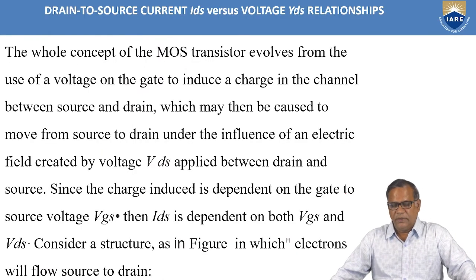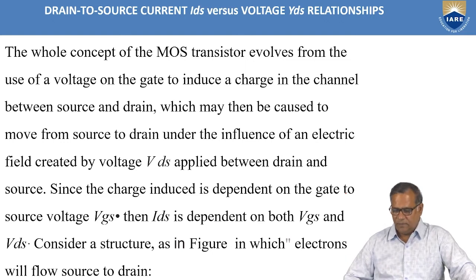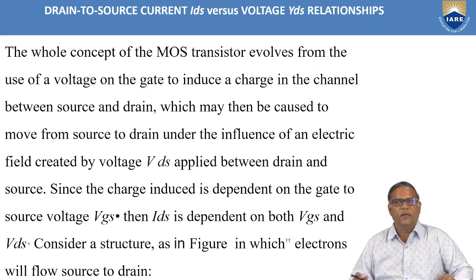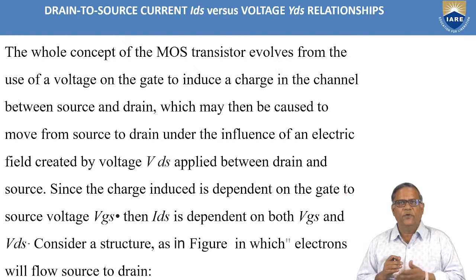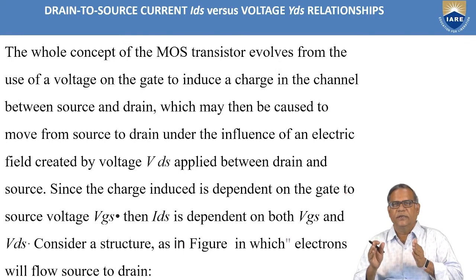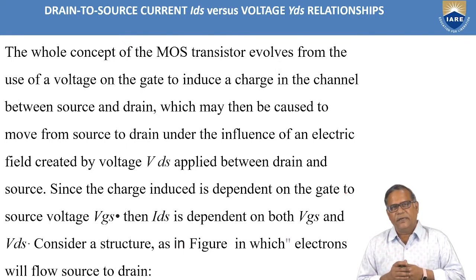Now let us come to the IDS versus VDS relationships in different regions. The whole concept of MOS transistor evolves from the use of a voltage on the gate which induces a charge in the channel between source and drain. And this charge can be made to move from source to the drain under the influence of electric field due to the application of VDS.